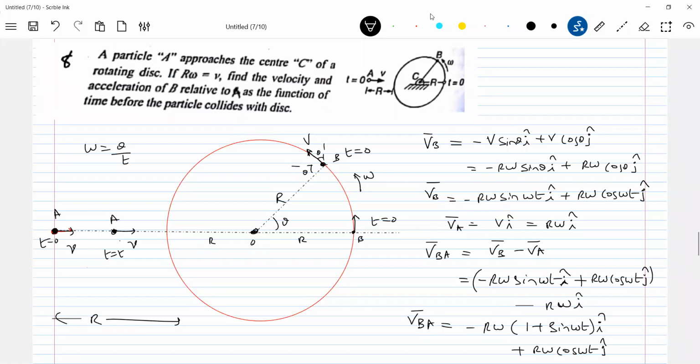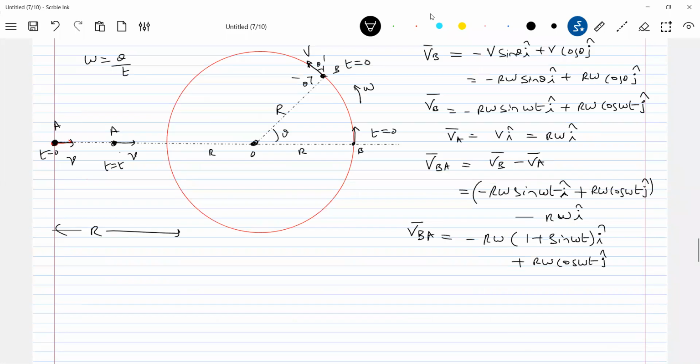No need of any big mathematics. So acceleration of A is 0. Acceleration of B is just equal to omega square R. What about the magnitude? AB bar should be equal to this, and it will be directed like this, no?